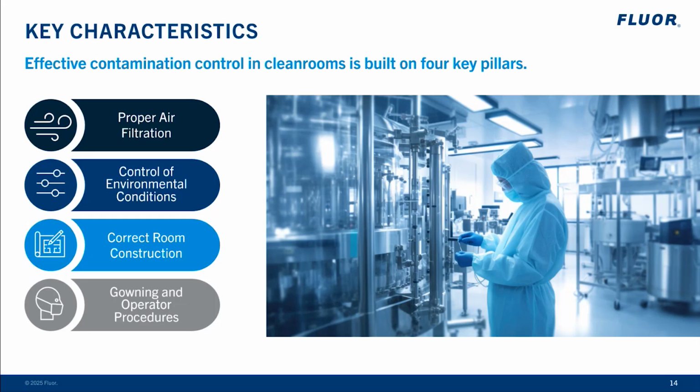All surfaces must be smooth, easy to clean, and resistant to particle accumulation to minimize contamination risk. The final pillar is operational procedures and gowning. Operators must wear special clothing that limits particle emissions from the body and follow strict hygiene and disinfection protocols.